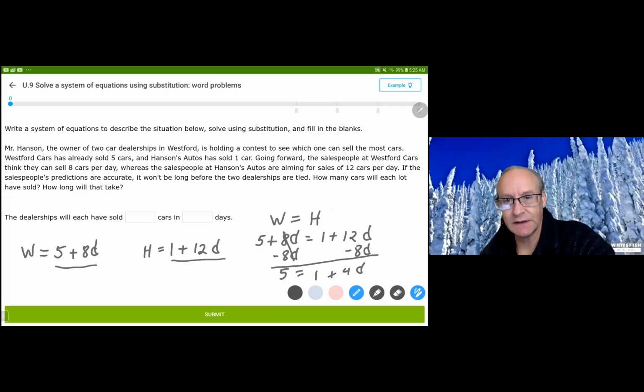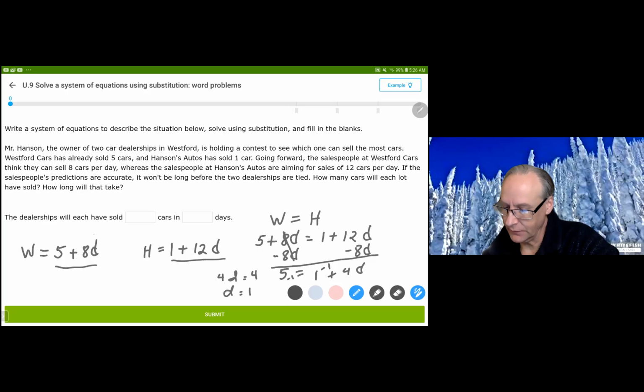I apologize. Anyway, we're going to subtract 1 from both sides in this first equation, and we get 4d is equal to 4. I'm just subtracting 1 from both sides of my equation and dividing by 4, and we get d equals 1. And so after 1 day, the 2 car lots should be the same.